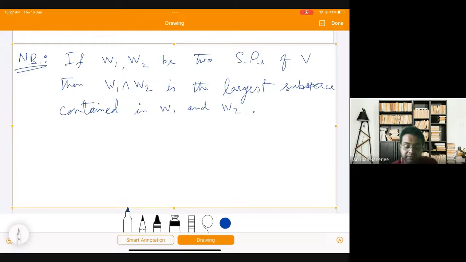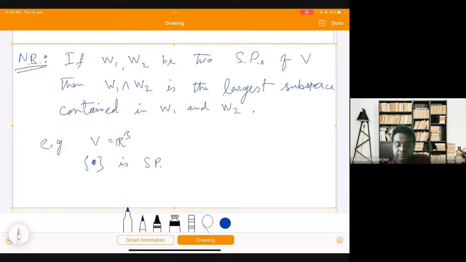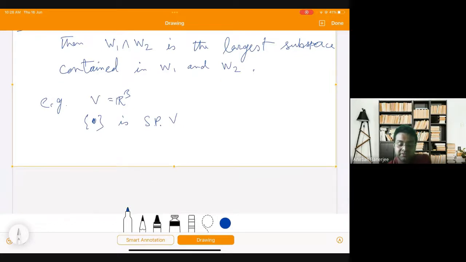Let's take an example. Let V be R3. Okay, what about this set? This is a null vector. Is it a subspace of V? Yes, sir. This null vector also belongs to, okay, let's say W1 is the XY plane.